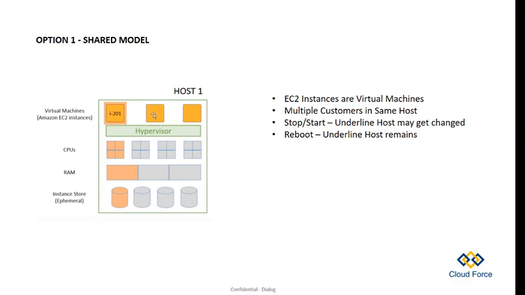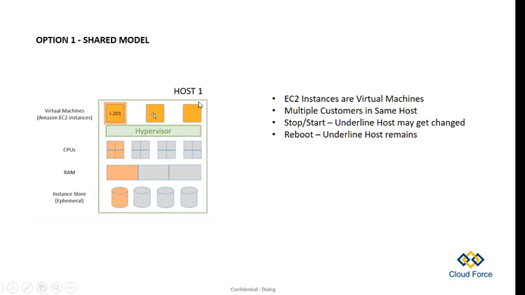As you are aware, EC2 instances are virtual machines. When you provision an EC2 instance in AWS, whatever region and AZ you prefer, they have their own infrastructure in AWS data centers. They have their own hosts. So when you provision an EC2 instance, it will get provisioned in one of those hosts, let's say in this example, host 1.